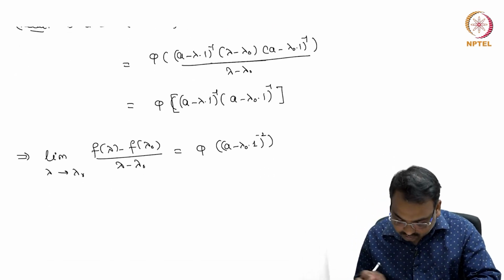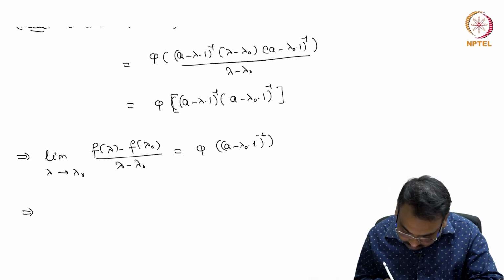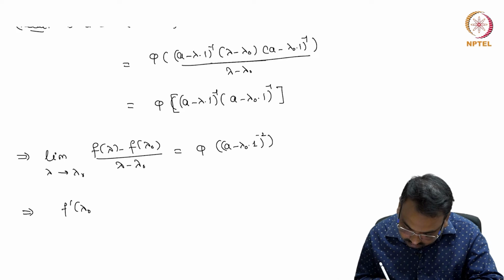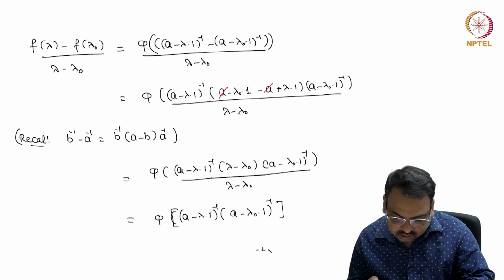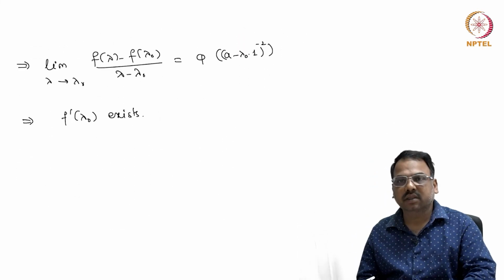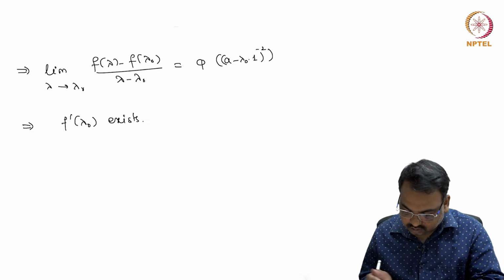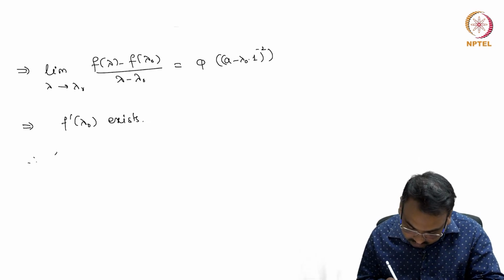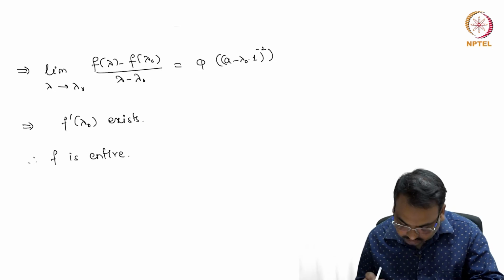So this means f dash lambda naught exists. We have taken lambda naught to be arbitrary. So from this we can say that f is entire.